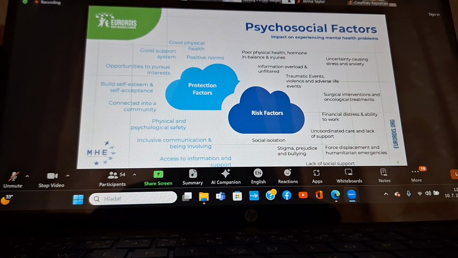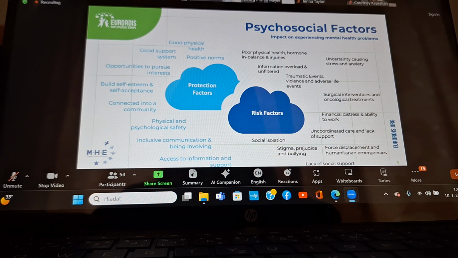But there's also some protection factors, things that we can do to optimize our mental health and well-being. Not surprisingly, good physical health is a protection factor for our mental health. Our ability to be connected into a community is also there, whether that's your local community, or being connected into a community of people living with a similar rare condition.